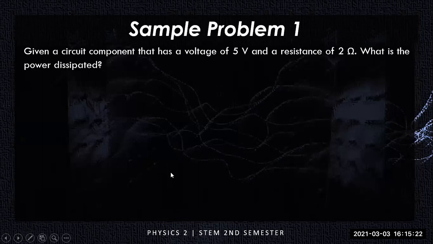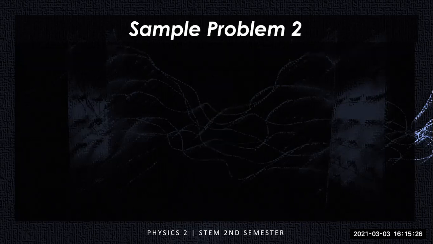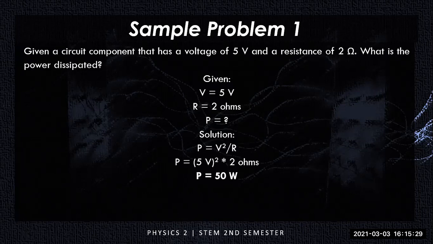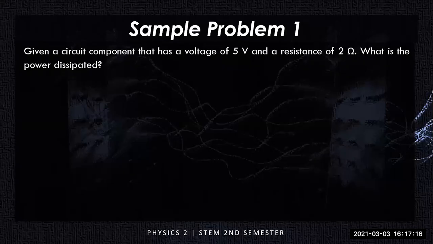Okay, let's proceed with the example problems. For sample problem 1, given a circuit component has a voltage of 5 volts and a resistance of 2 ohms, what is the power dissipated?